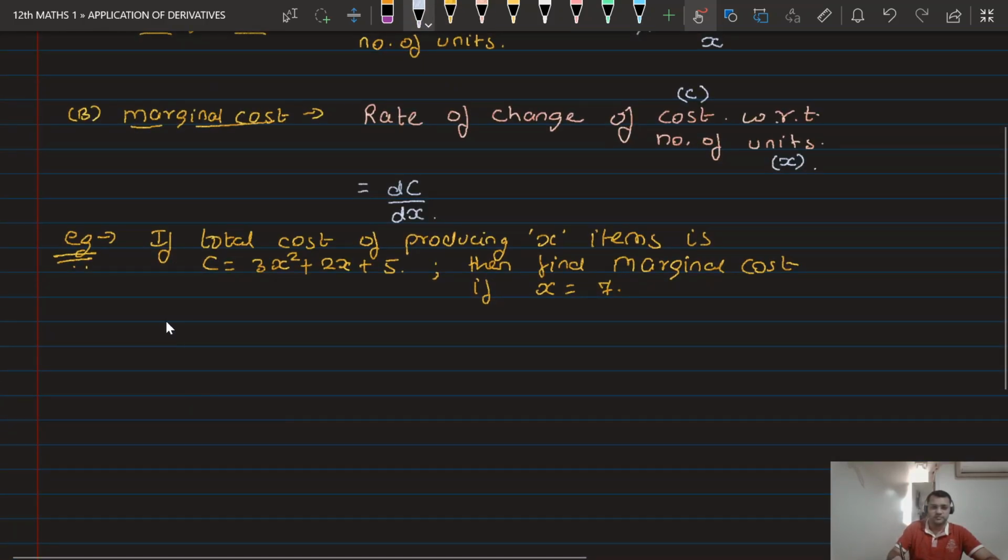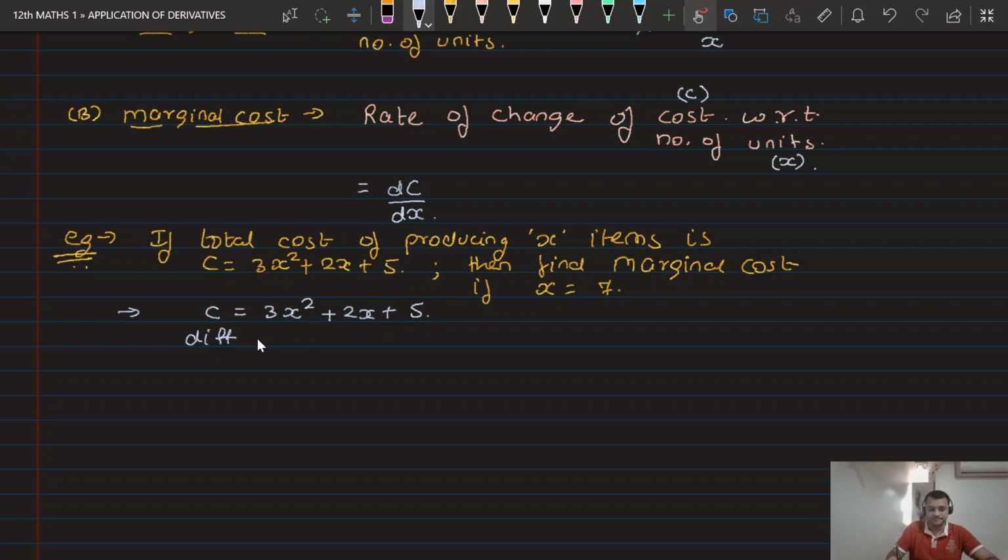So it's very simple. We start with C, which is equal to 3x square plus 2x plus 5. Differentiate this with respect to X. So I can say that marginal cost, represented by C and the suffix M, is dC by dx: derivative of 3x square is 3 into 2x, plus 2 into 1, and 5 is a constant, so 0.